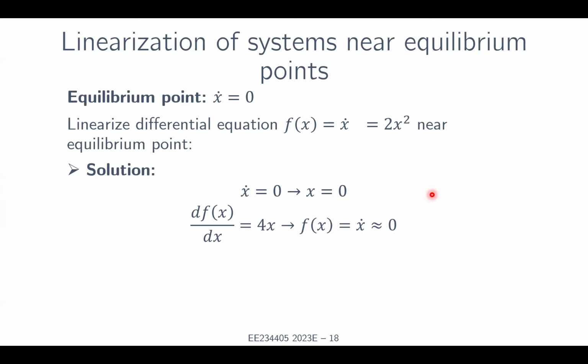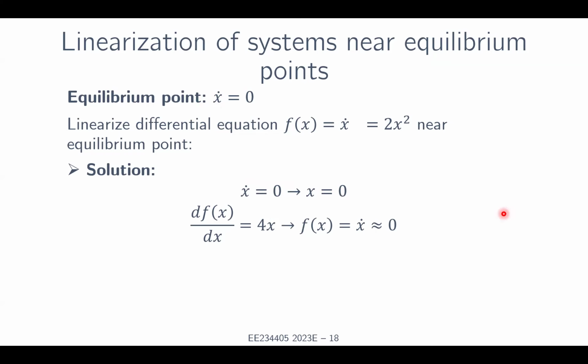And if we linearize a differential equation, f(x) is 2x squared, near the equilibrium point, x dot is just 0, because from the definition of the equilibrium point, x dot is 0. And yeah, we integrate, and it should be just a constant.